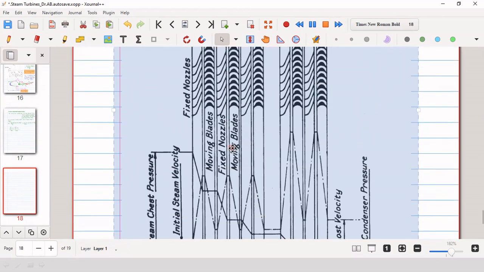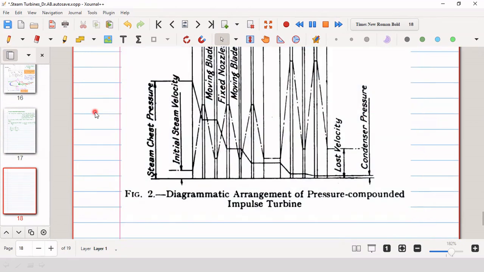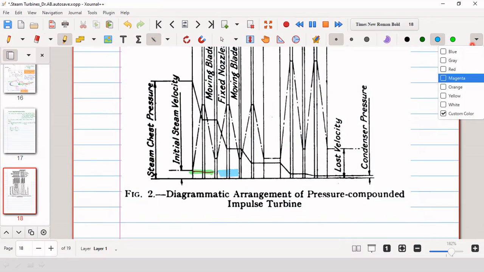You see that here, if you take one stage, this is one stage. This is the next stage, and this is the next stage.